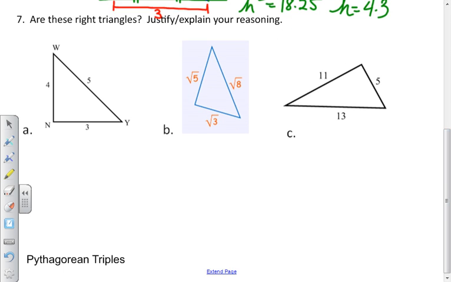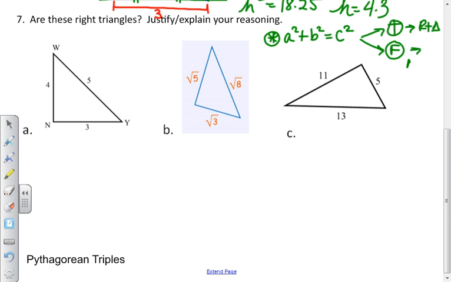Now, determining if something is a right triangle or not is simply a matter of, is the Pythagorean theorem true? If you set that equation up and it's true, you have a right triangle. If you set it up and it's false, it's not a right triangle.